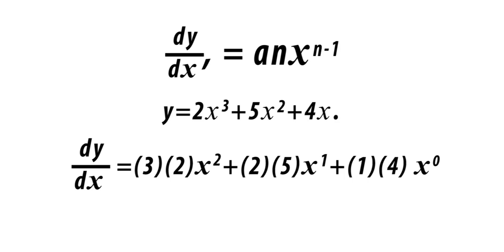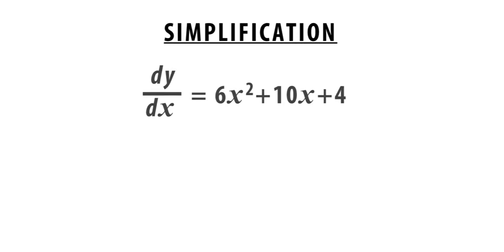That is when you use the power rule. When we simplify, we will multiply the exponents by the coefficients, and then we simplify. That is exactly what we have done. So dy dx, when we simplify, will give us 6x squared plus 10x plus 4 as the answer.